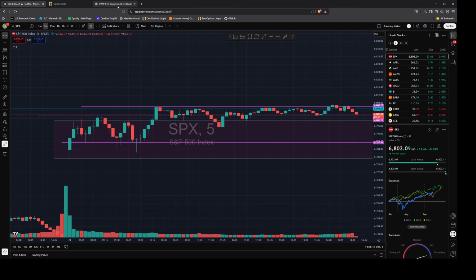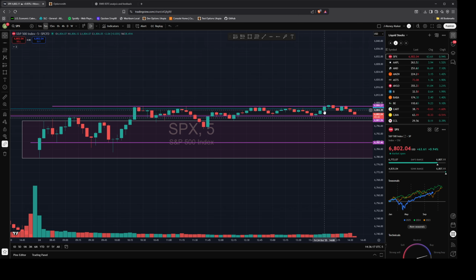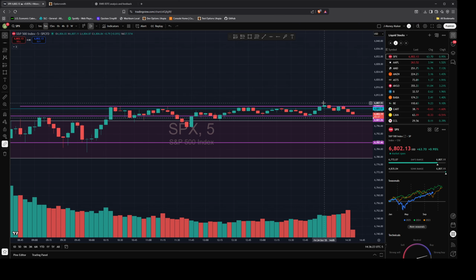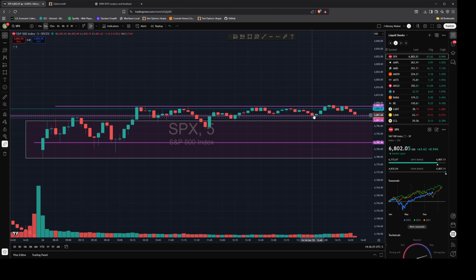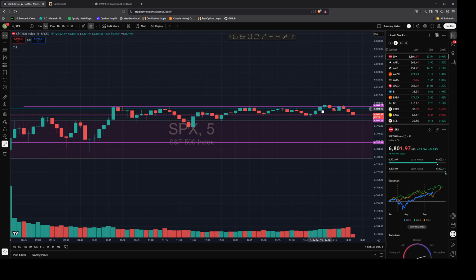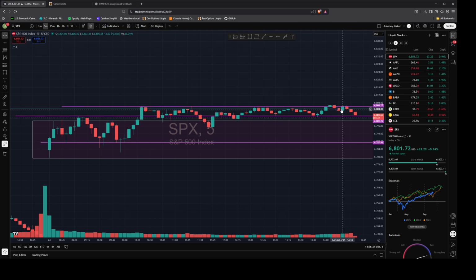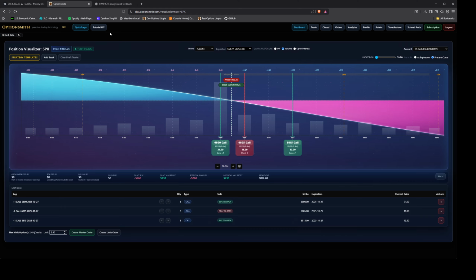So I got in there and I watched, and we just kind of kept bouncing along here. Here we were threatened a little bit, and it was actually getting a little bit close to taking that loss. And then I waited, and we got to around 2:15 p.m. Central, and I thought, okay, well, if it starts going back up here, the gamma risk was getting to be too much.